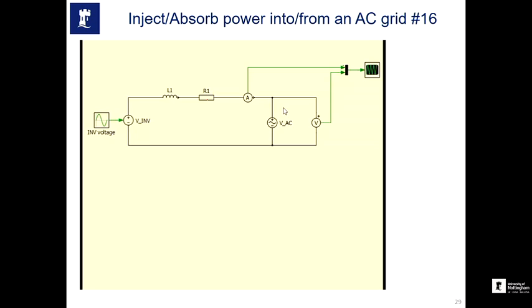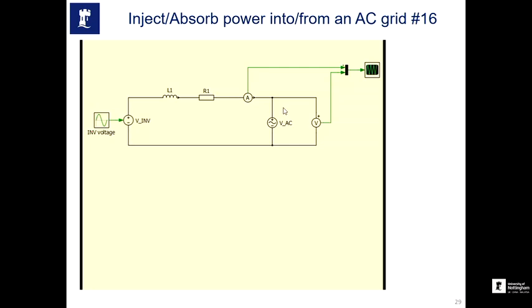Plexim doesn't really like a pure inductive or pure capacitive load, so you always have to add a small resistor to make sure the simulation can go through without any error. That's why we put a small resistor. Initially, we'll put these two voltages exactly the same: 240 volt RMS, angle 0 degrees, and also 240 volt RMS, angle 0 degrees, and you will see the current is actually 0.